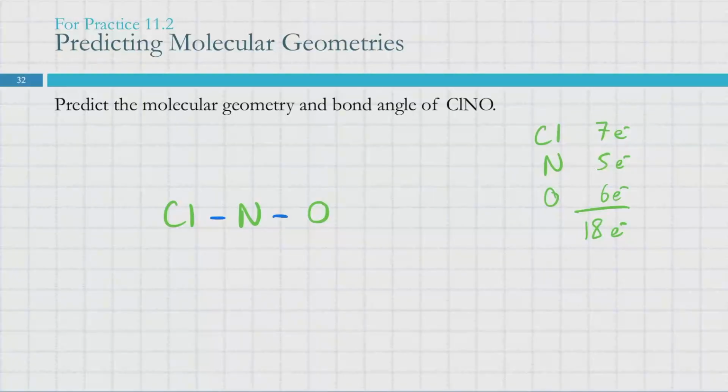We're going to bond some stuff up, 2 bonds to get everything connected. Then we've got 14 remaining electrons. We can distribute those starting from the outside and working our way in. So our chlorine and our oxygen can each hold 6 more to get them up to their full octets.